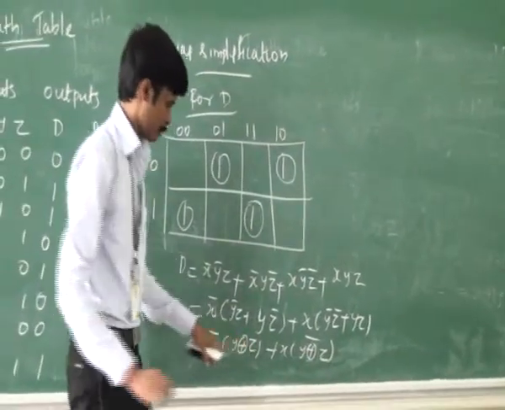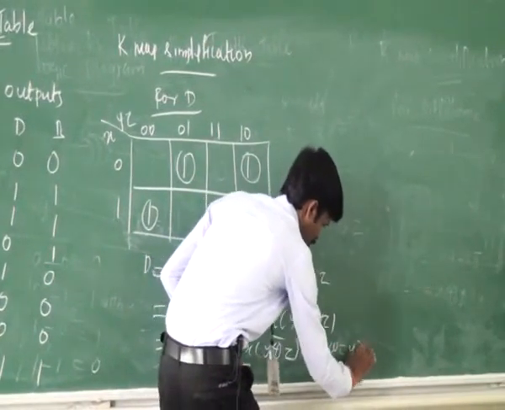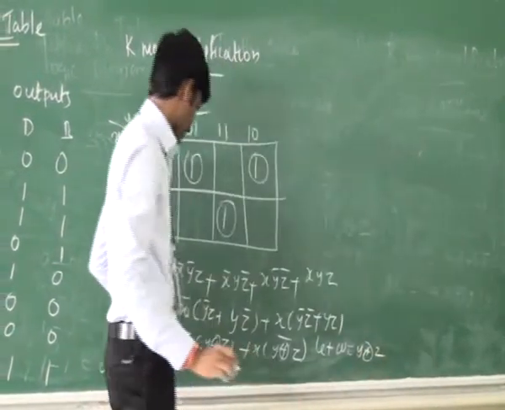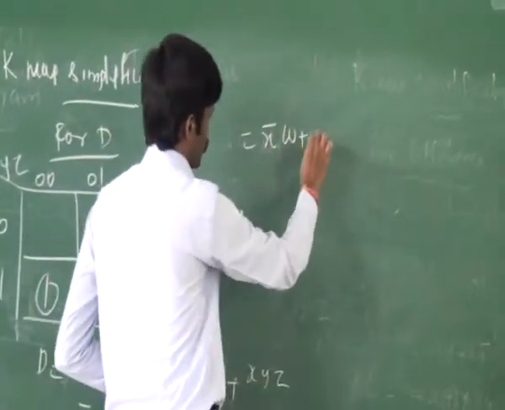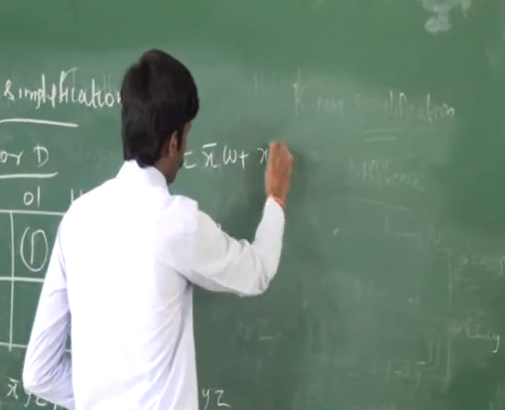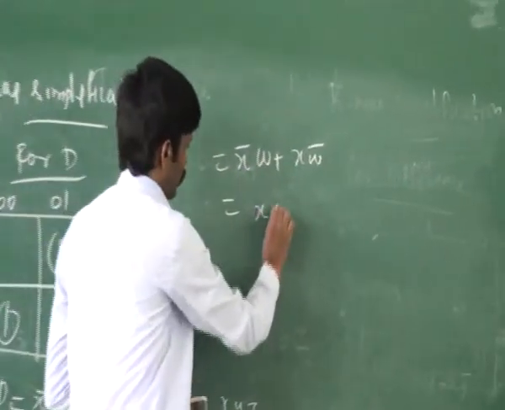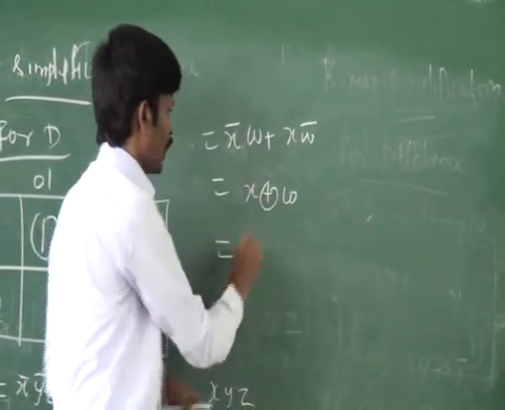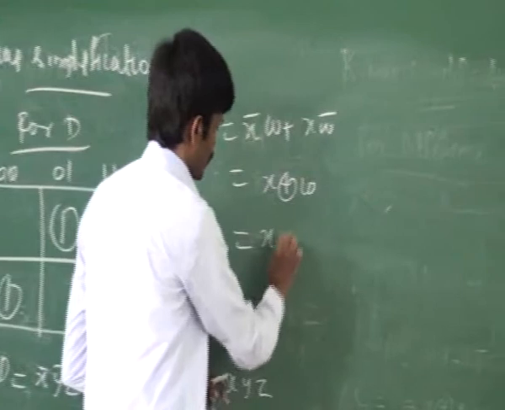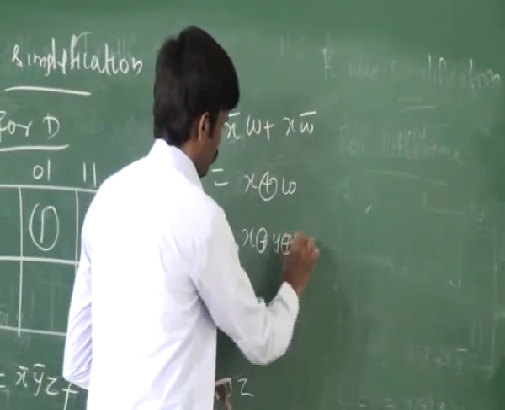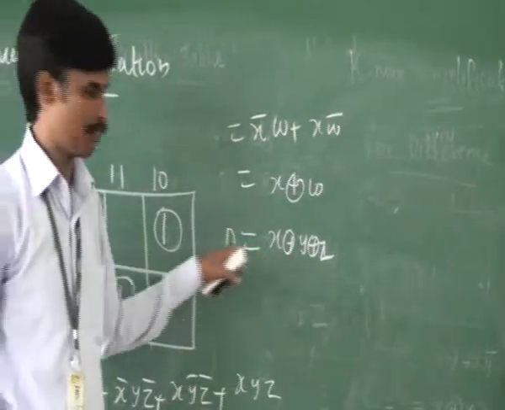Let us take w is equal to y XOR z, then this can be written as x bar into w plus x into w bar, which is equal to x XOR w. We know that w is equal to y XOR z, which gives x XOR y XOR z. This is the Boolean expression for difference.